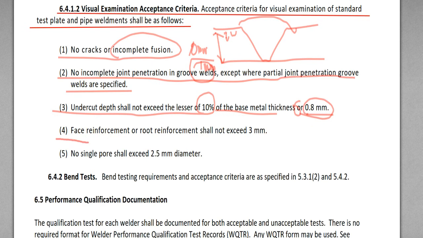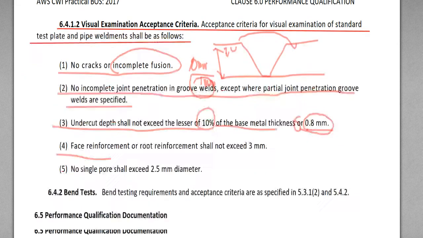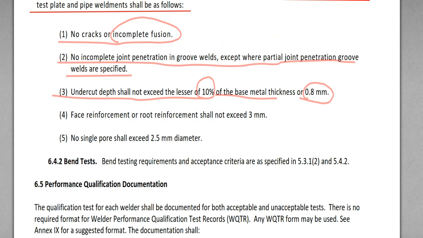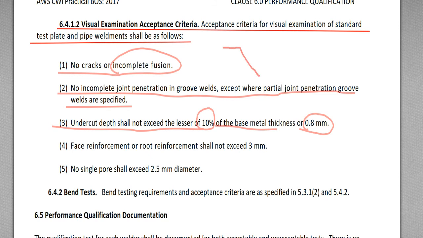Number 4, face reinforcement. Face reinforcement or root reinforcement should not exceed 3 millimeter. So this is here. Weld mount like this. Then this is face reinforcement, and this is root reinforcement.